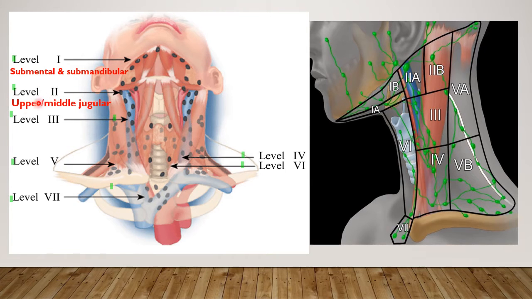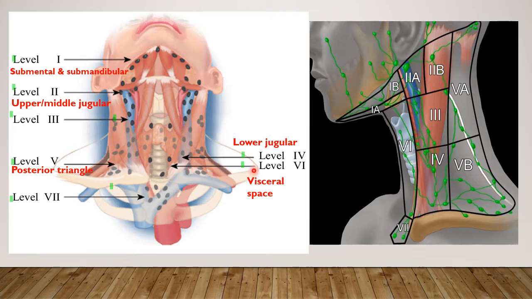Level 2 consists of the upper and middle jugular nodes, levels 2 and 3. Level 4 consists of the lower jugular nodes. Level 5, the posterior triangular nodes, which is again divided into lower and upper.